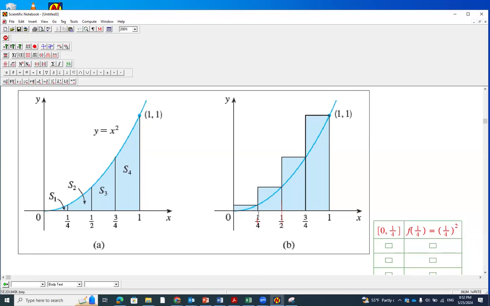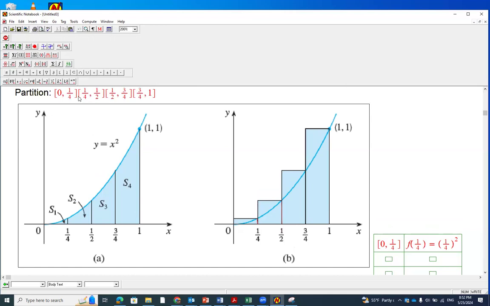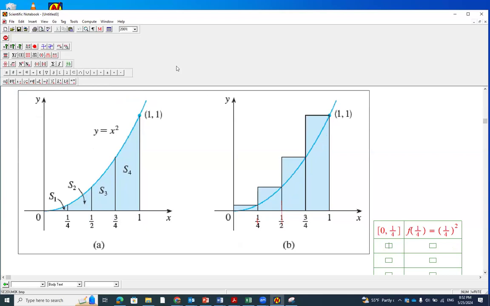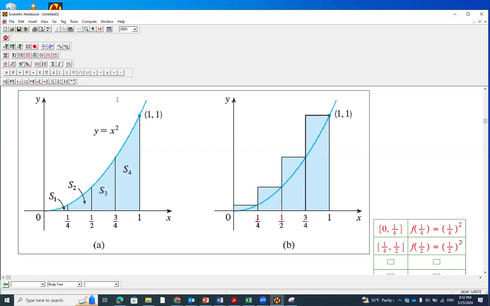The second rectangle, we're going to use the right endpoint to approximate, and that right endpoint is half. And that height is f of half equals half squared. And that's the height of that rectangle.